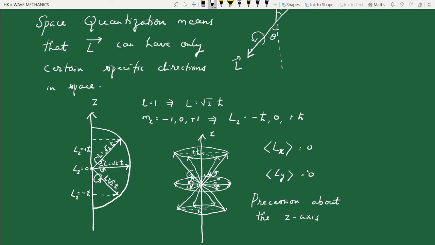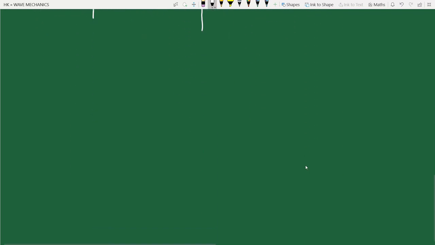There are two more points that we would like to understand regarding this space quantization.